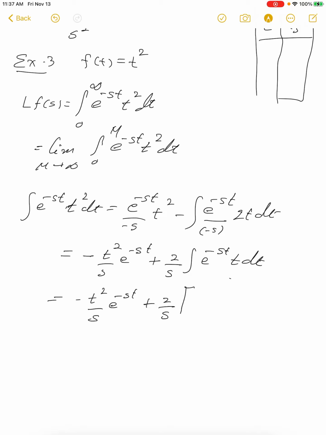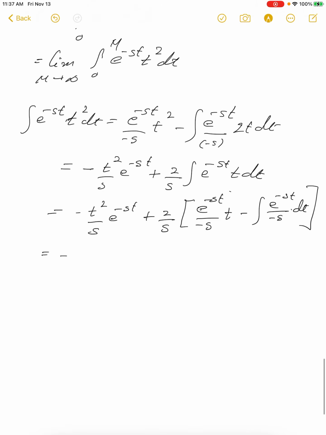So you get the integral of e to the minus st, which is e to the minus st by minus s, times t, minus the integral of the integrated thing times the derivative of the other, which is 1. So this is minus t square by s e to the minus st, minus 2 by s square e to the minus st. Minus minus is plus 2 by s square, and the integral of e to the minus st is e to the minus st by minus s.